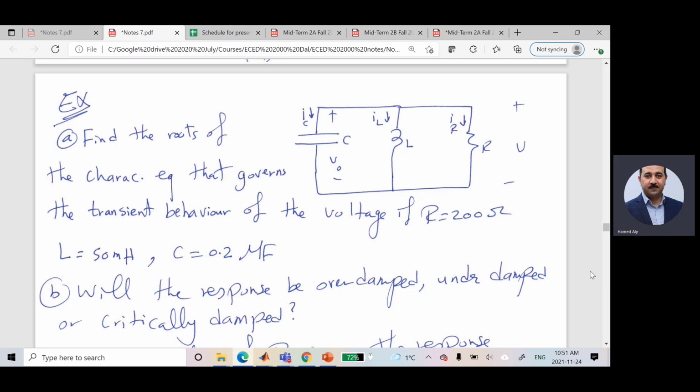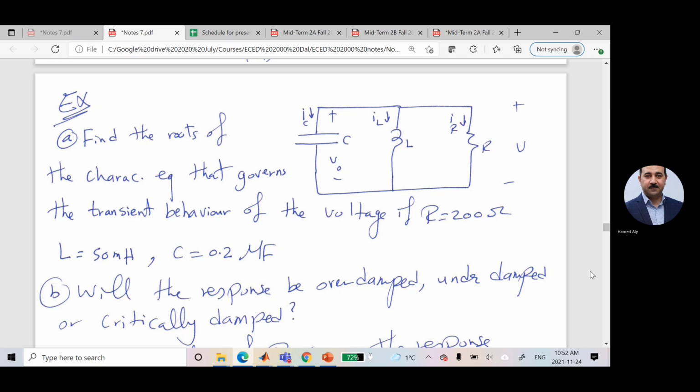I of 0 or V of 0, I'm finding their values before moving the switch, or I will give you their values if I didn't show you the circuit before moving the switch. But what about di of 0 by dt and dv of 0 by dt? You have to calculate them.